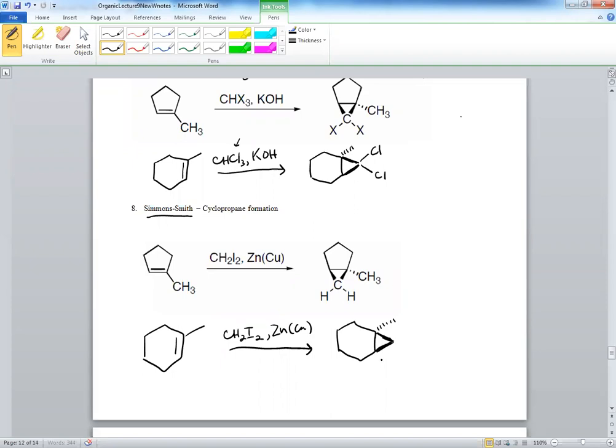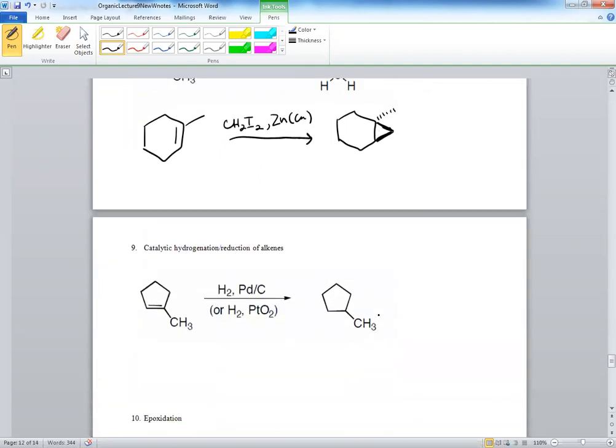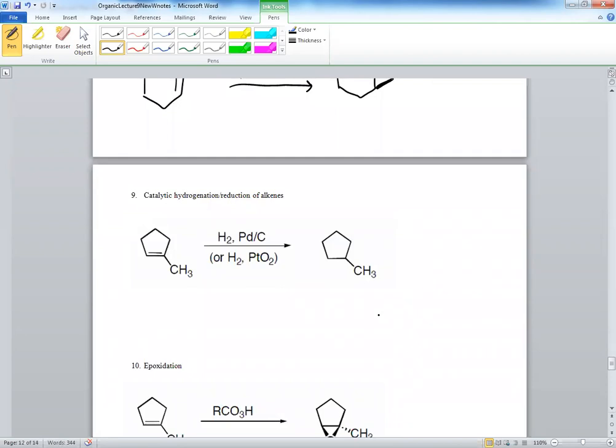And you don't have to show the H's because we know they're there. Now, this is a very important reaction. This is a reduction reaction. And what is happening is you're getting rid of the double bond completely by going from unsaturated to saturated hydrocarbons. If you notice here, the double bond has been replaced with single bonds.